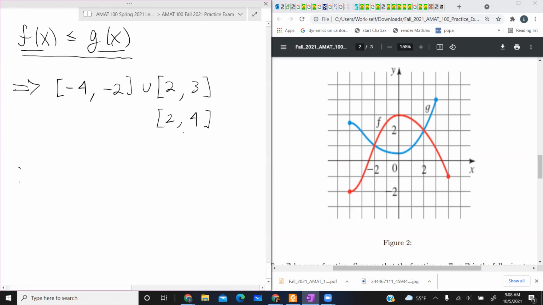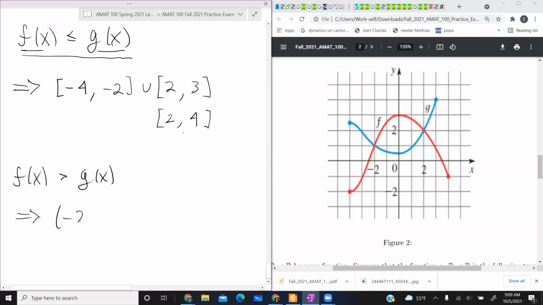So now we have this final inequality. This is where the graph of f is strictly higher than the graph of g. If you inspect the graphs, the graph of f is higher when x is between -2 and 2, but we've already determined that the two functions are equal at x equals -2 and 2, so we can't include those.